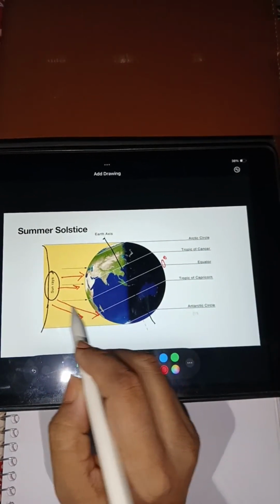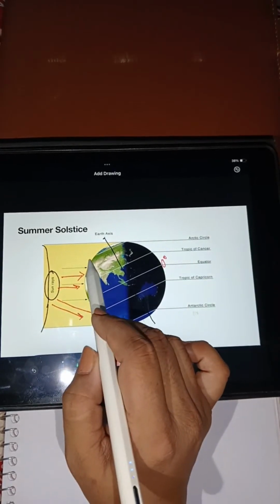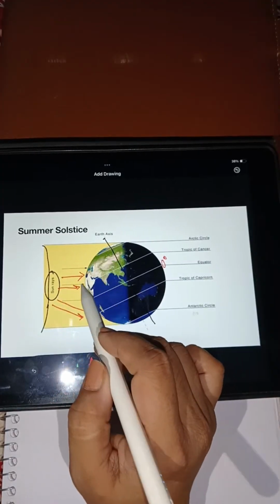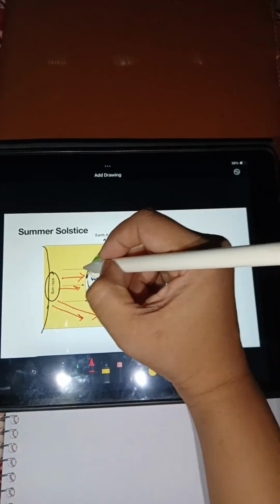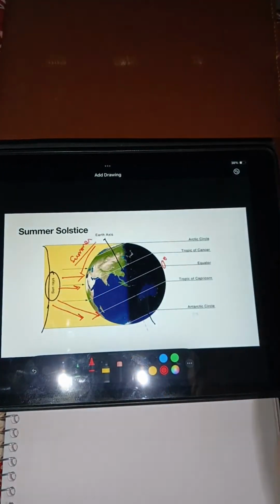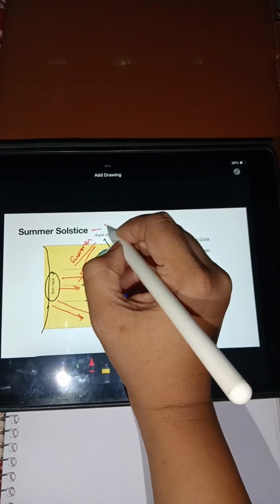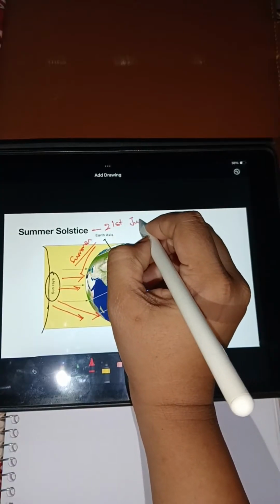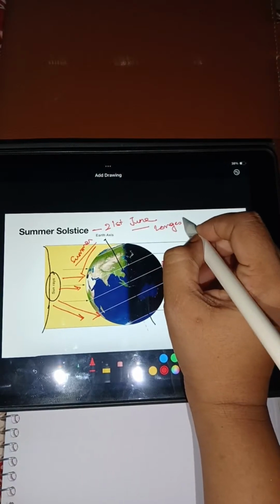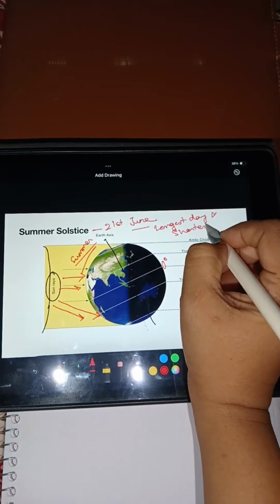So this region, as it is far away from the sun, has winter, and as the northern hemisphere is directly towards the sun and directly overhead, it experiences summer. Accordingly we call it the summer solstice, that is 21st of June, where we have the longest day and shortest night.